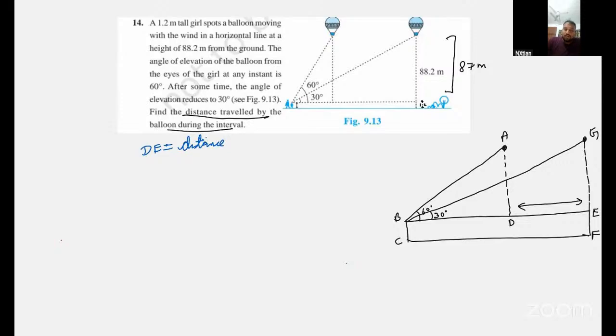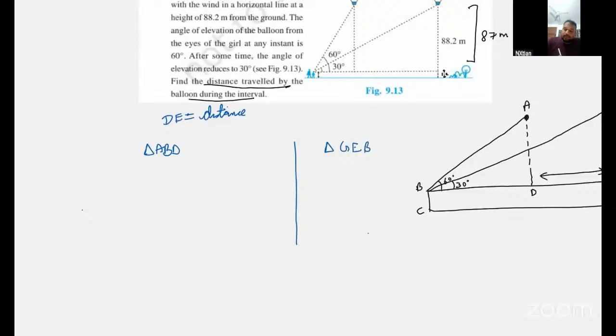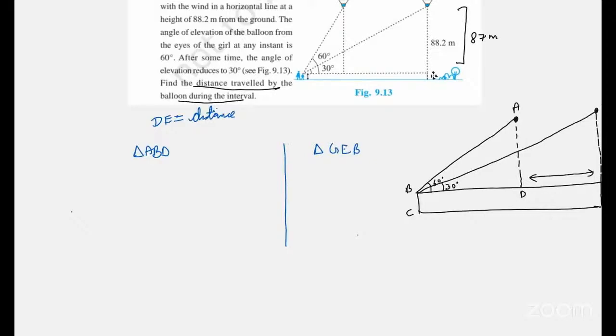Okay, tell me Kunal, which two triangles will you take? Sir, triangle ABD and triangle GEB. Sammy, what is given in it? Quickly tell me. Sir, AD is equal to 87 meter.